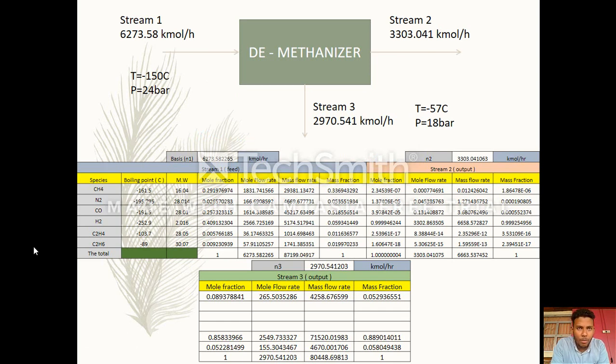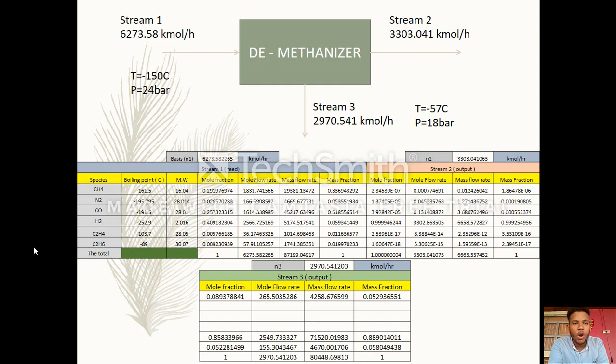So the mole flow rate going in is 6,273, with a temperature of minus 150 degrees Celsius and a pressure of 24. At a certain temperature, it will evaporate. I have 6 species in the inlet stream.